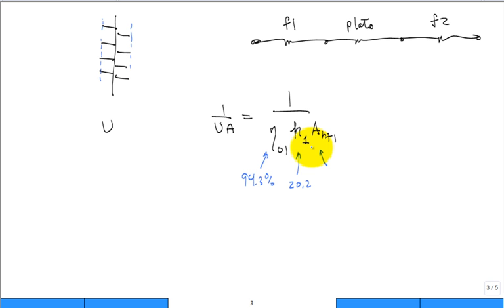You just have to be careful. You have to match the correct area for the plate when you want to include the plate. But because the plate's going to have negligible or small resistance, you can neglect it and get away with it. But let's do it with the whole heat exchanger.